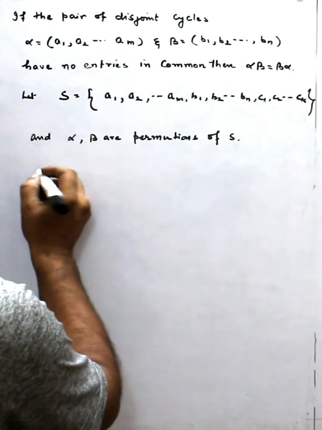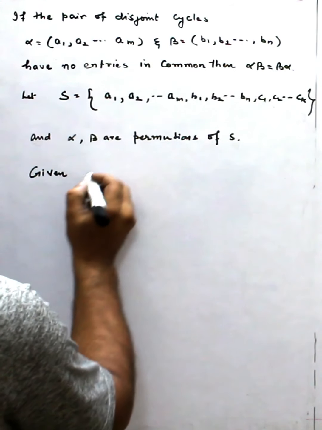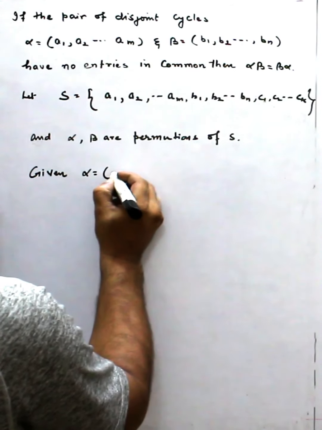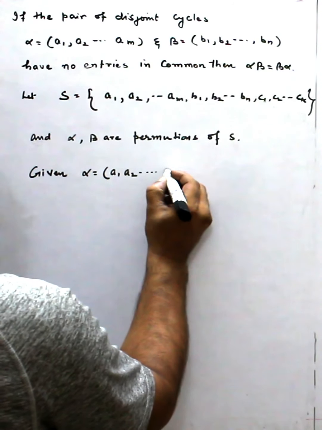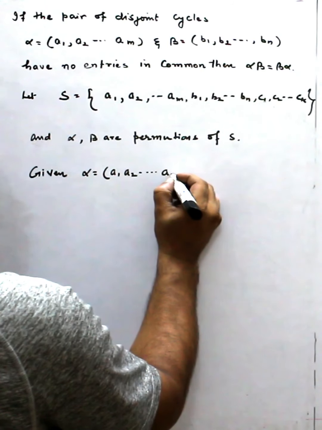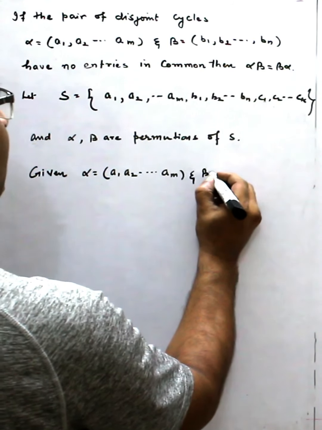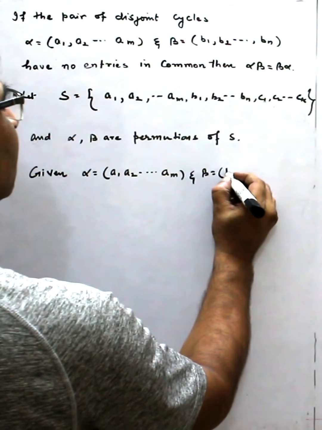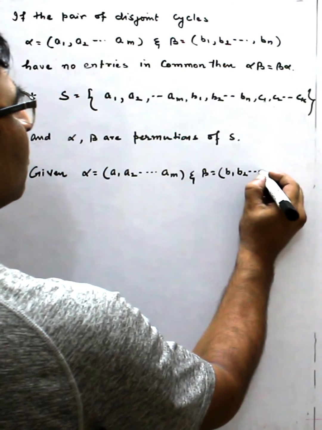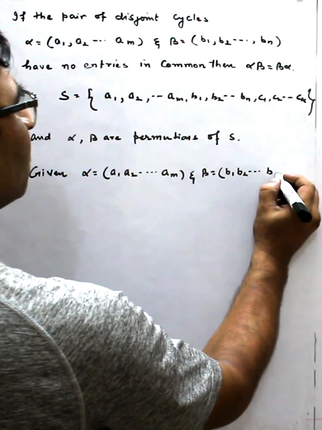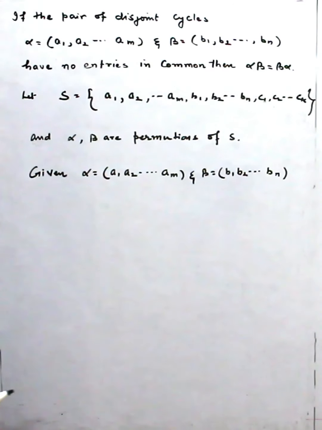So what is given here? Given is alpha equal to A1, A2, Am, and beta is given as B1, B2, Bn, and they don't have any entry in common.